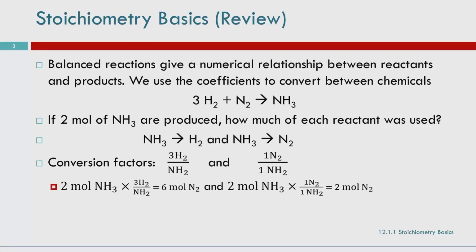Using that same equation, if 2 moles of ammonia are produced, how much of each reactant was used? This is a little bit more complicated of a scenario that we can drum up. Our 2 reactants being the N2 and the H2, and the thing that we're starting with, being the product, is the NH3, the ammonia.